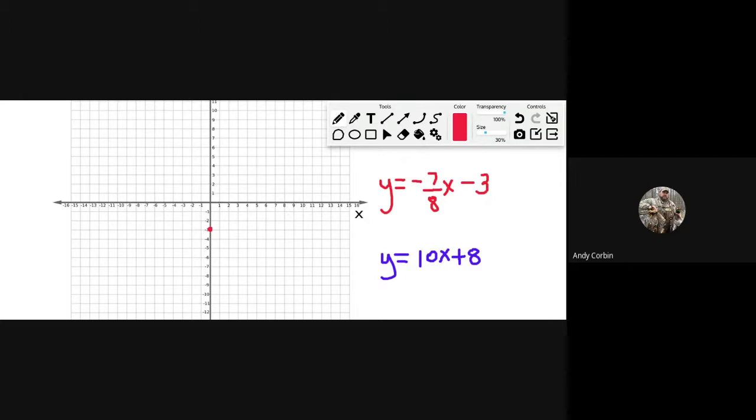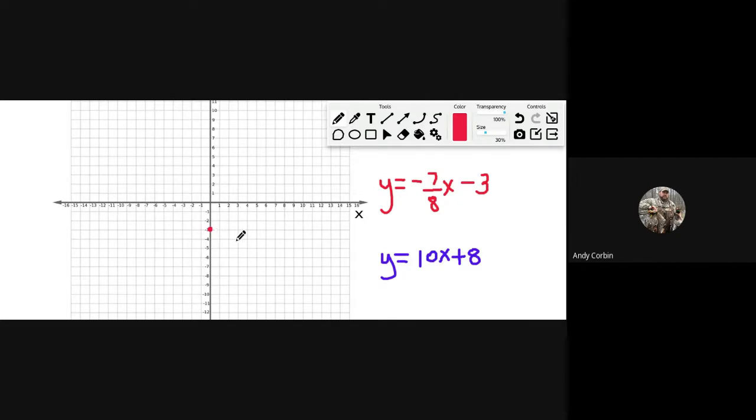What's the next thing, Audrey? What's the next thing you do to graph the line after you do the free space? Won't you go down 7 and then over 8? That's exactly right. The slope, the number in front of x, tells you how to get to another point.